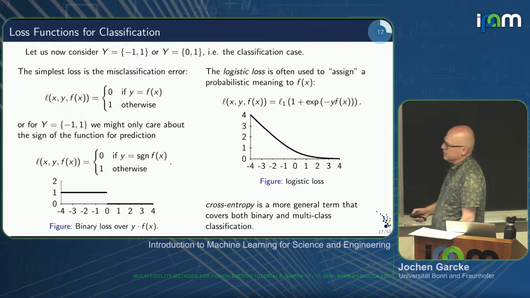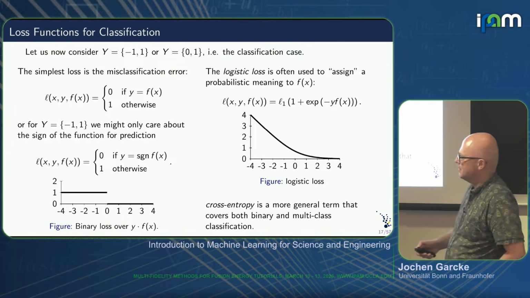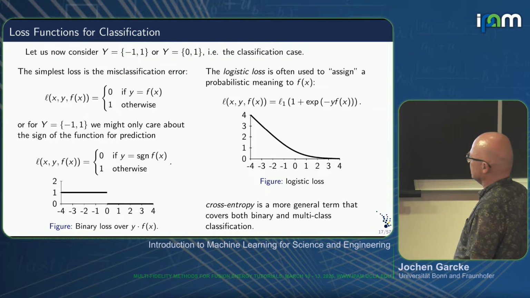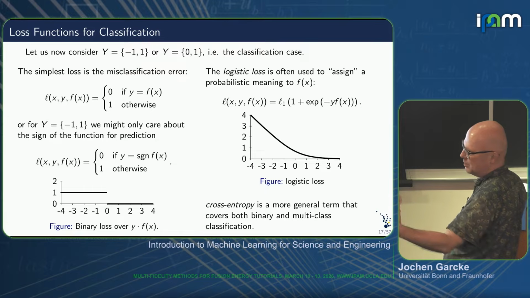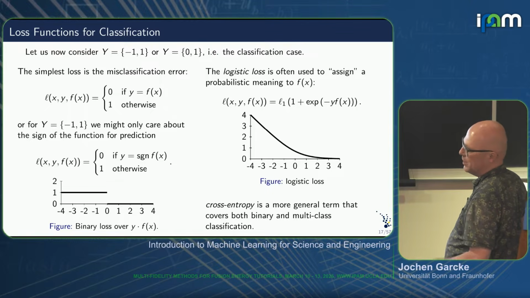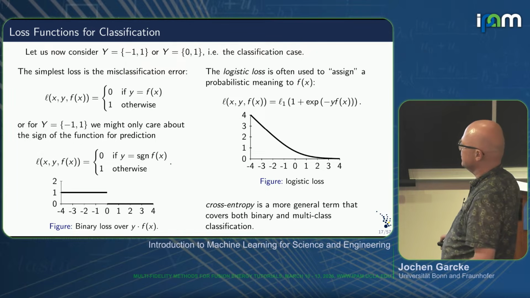The same holds in the classification setting. There it's easier to see what effect this has, which is why I'm showing that. To visualize it, this is the actual ideal loss, the binary loss. On the x-axis is our actual target label times the function value, since only the sign of f of x is important, that's a way to visualize it.